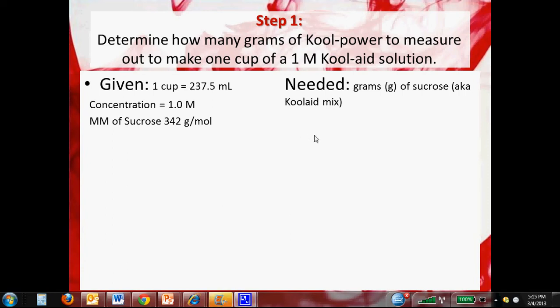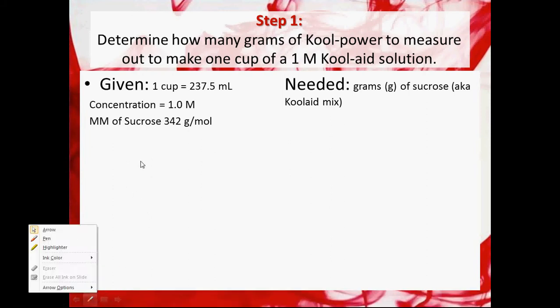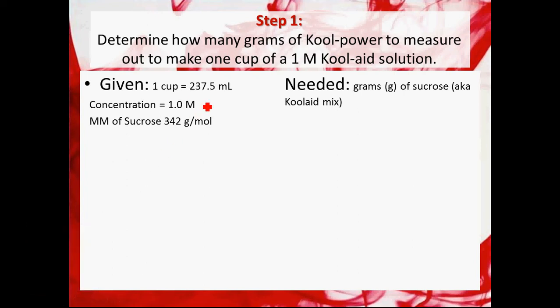So let's talk about how to calculate the mass that you need in order to make your 1 molar Koolaid solution. And here's what you're given. You're given 237.5 milliliters. You are also given the concentration, which is 1 molar. One thing you have to know about this is that 1 molar really means 1 mole per liter of solution.